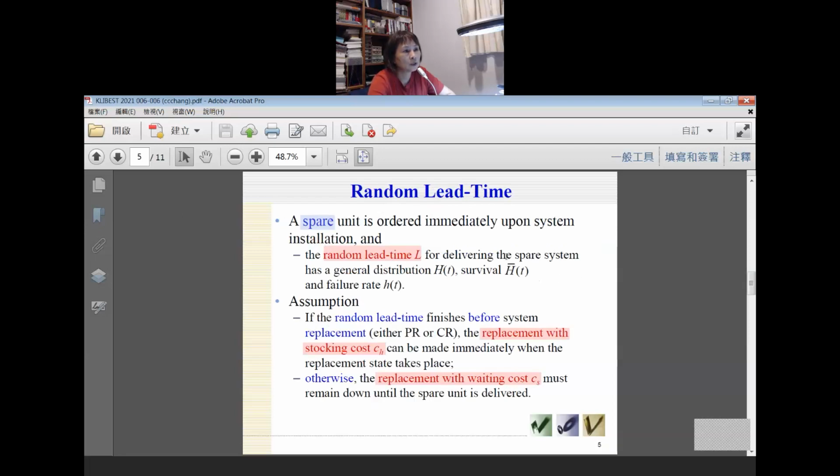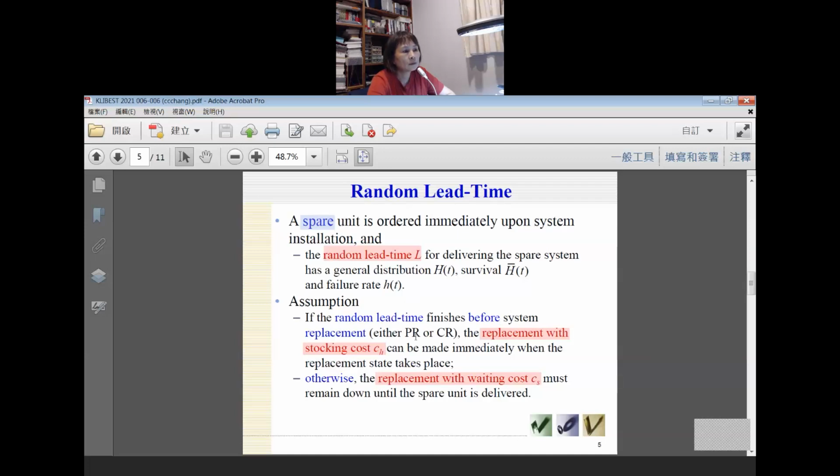Now we introduce the random lead time. A spare unit is ordered immediately upon the system installation, and the random lead time for delivering the spare unit has a general distribution H(t), survival H̄(t), and failure rate h(t), like this.